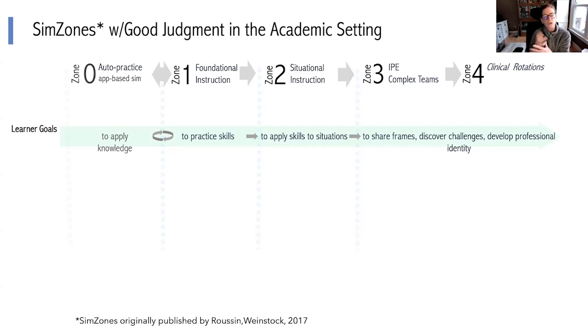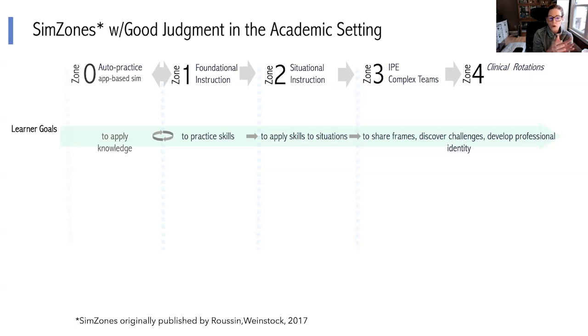Zone 3 is those complex events: resuscitations, rapid response calls, interprofessional, Drexel deliveries, disaster sims. Megan, your students, I think when they came in and got the patient out of bed that was post-cardiac surgery, that for them was probably pretty close to a zone 3 because it was pretty complex for them. And then zone 4 is their clinical rotation, whatever that appropriate clinical rotation is for them.